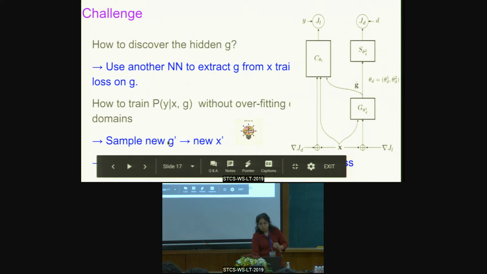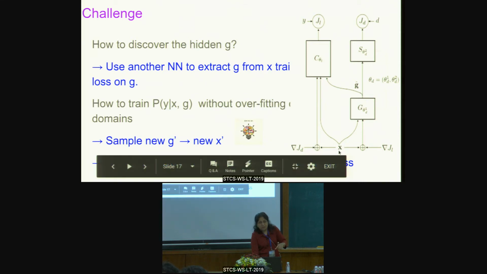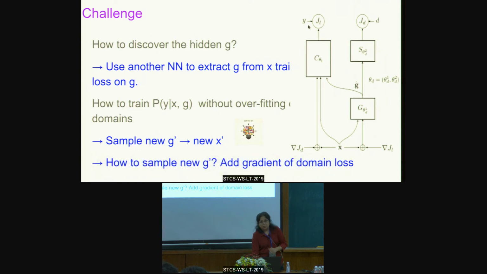You give a training example, we extract its G, and then very conservatively we move around near that G, and we hope to hallucinate new domains in the process. Then the new hallucinated domain will be, through some inverse Jacobian method, transferred back to X. So we require some kind of inversion here. We transform back to X, and that new X will be used to train the label classifier. That is the key to generalization.